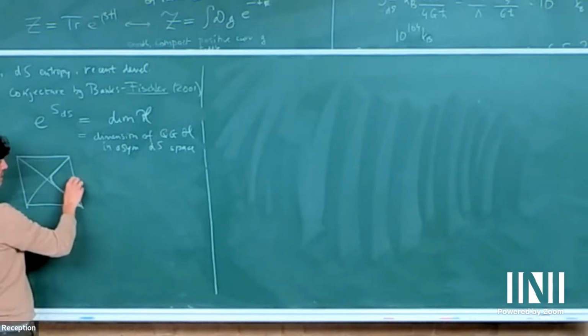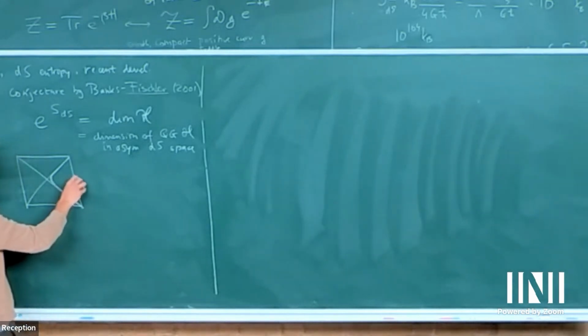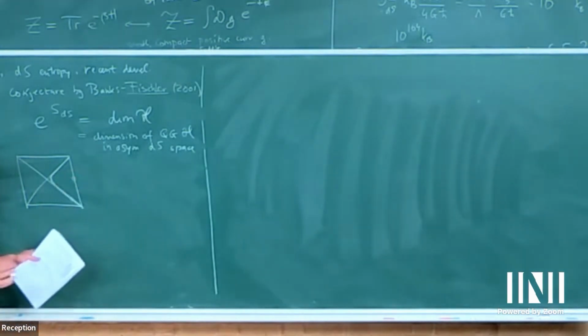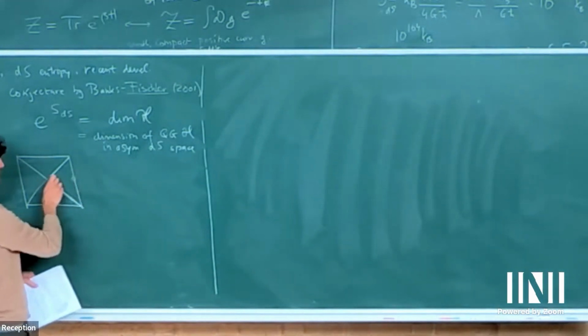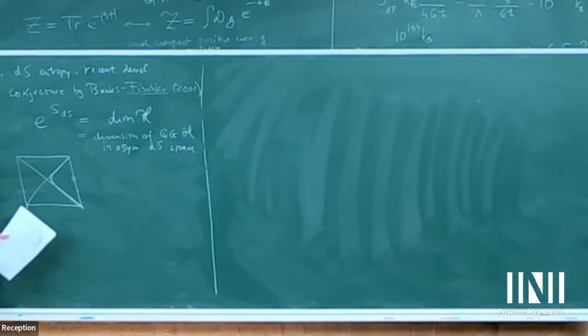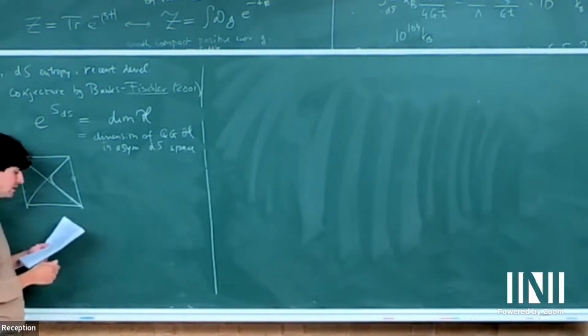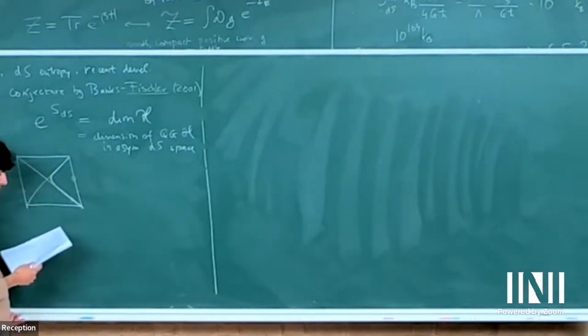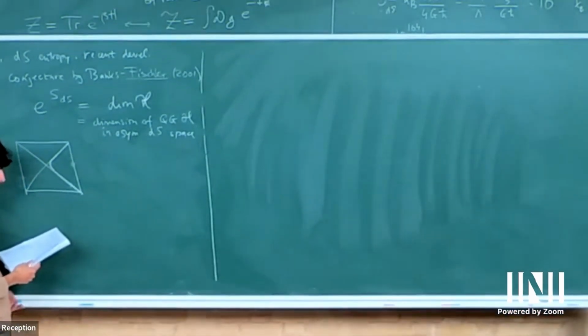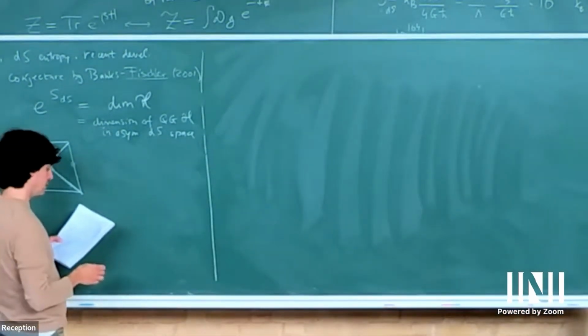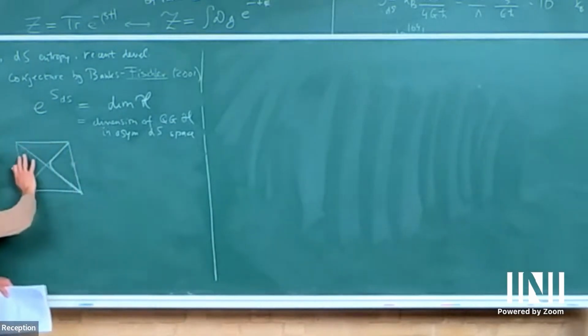If you put a black hole in de Sitter space, then you can see the black hole. That means the freedom must be found in de Sitter space. The third reason he gives is about different static patches.